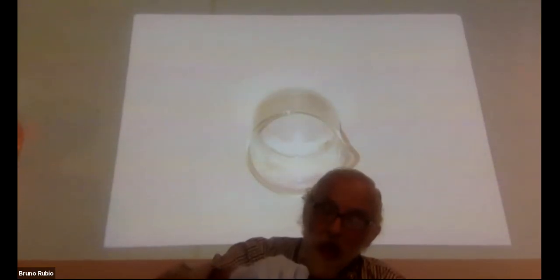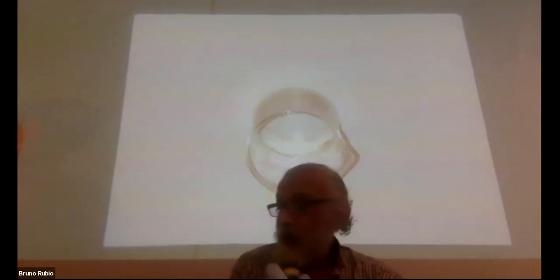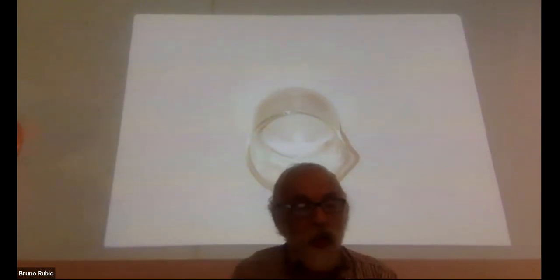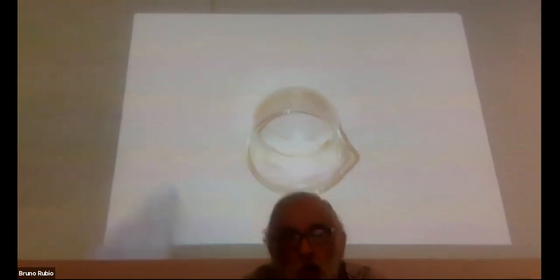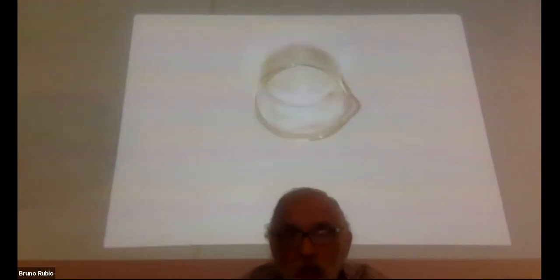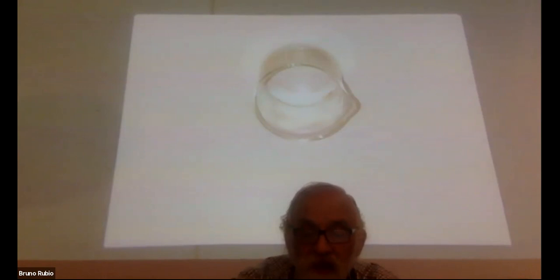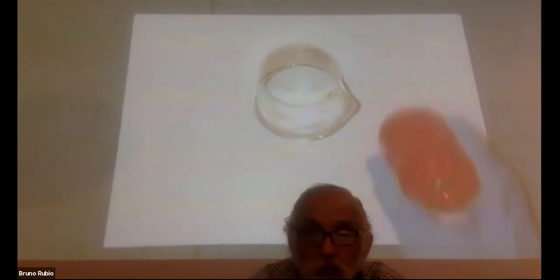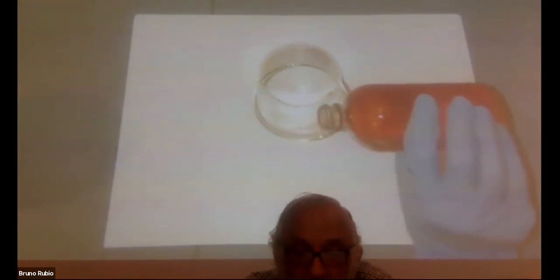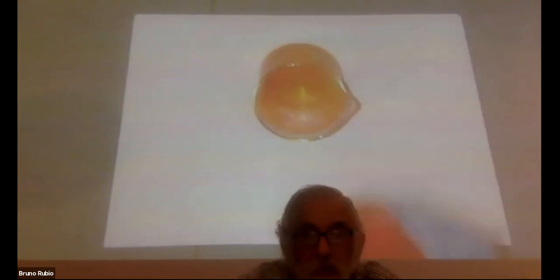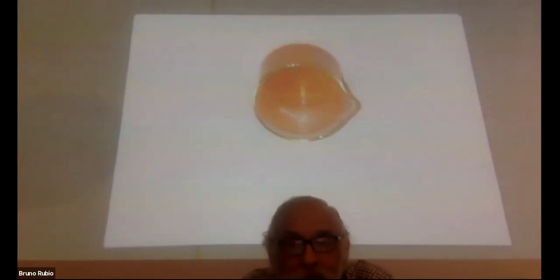Okay, so there's our alcohol. And now our chromium trioxide, which is this orange stuff. So this is orange. I'm going to pour this into the alcohol. Nothing happened, right? The orange solution stayed orange.